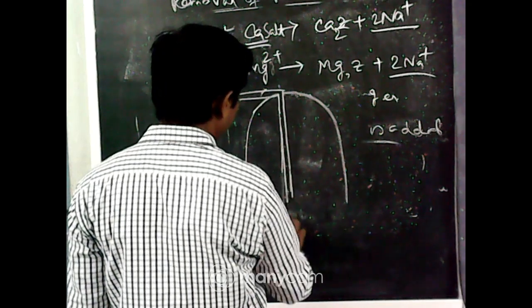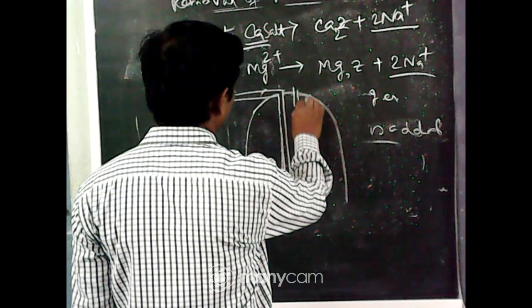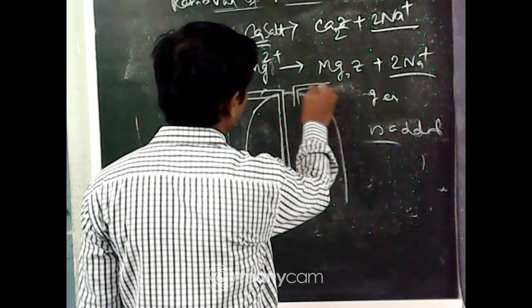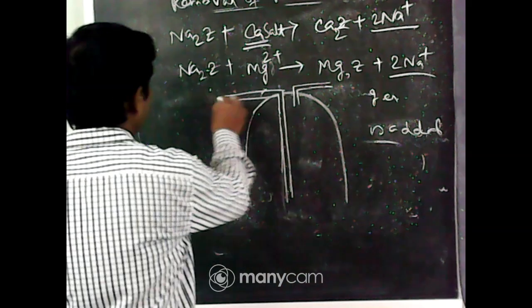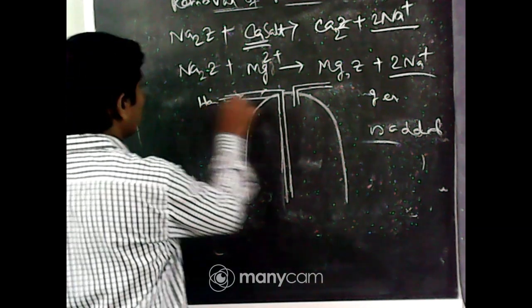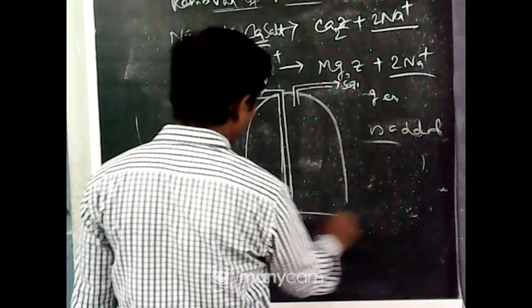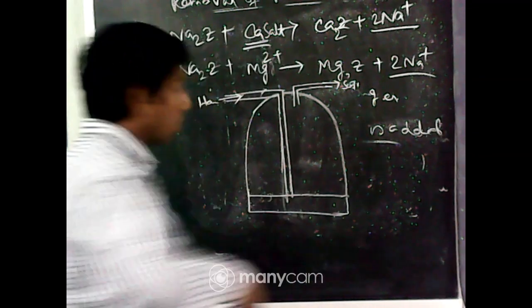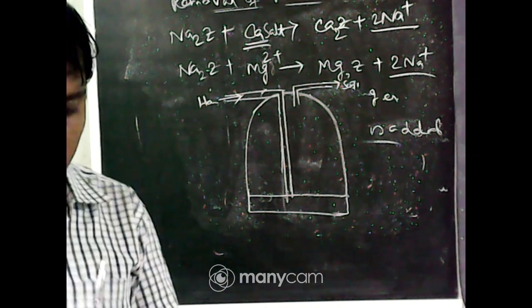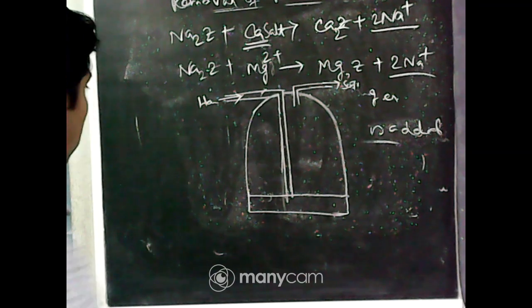The thickness should be same. This is the inlet pipe, that is hard water, this is the soft water. Now, in the chamber below is the coarse sand and then the permutate.